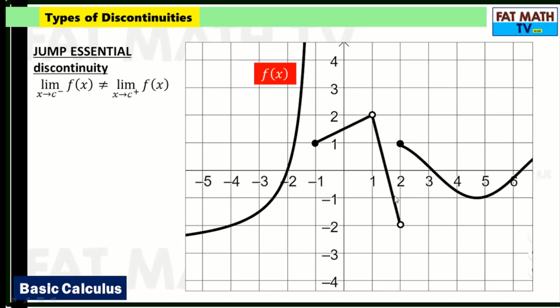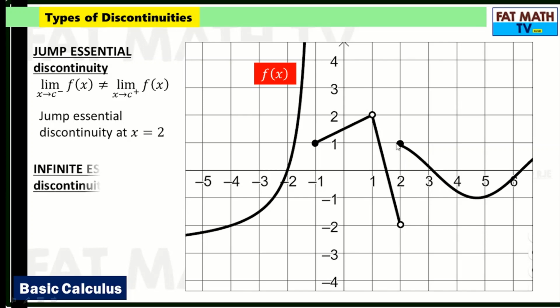The limit as x approaches 2 from the left is negative 2, and the limit as x approaches 2 from the right is positive 1. So they're not equal, so the limit does not exist. So it's called a jump essential discontinuity, and in this case, that is at x equals 2.